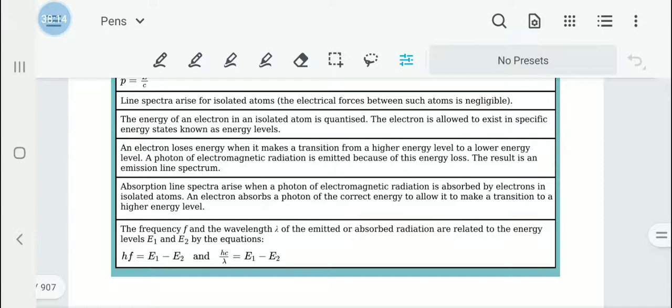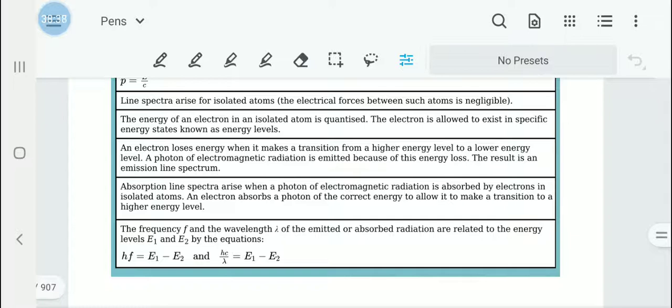Absorption line spectra are when a photon of electromagnetic radiation is absorbed by electrons in isolated atoms. The correct amount of energy would be absorbed to go into a higher energy level.